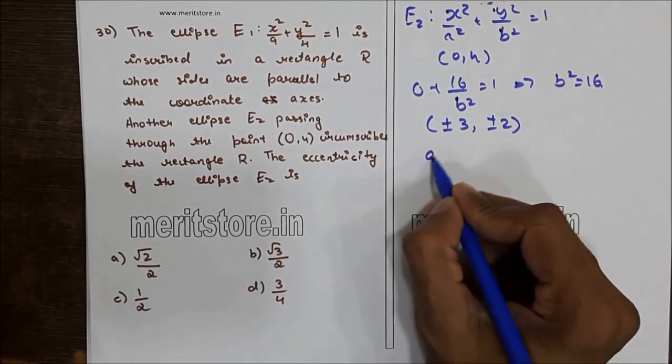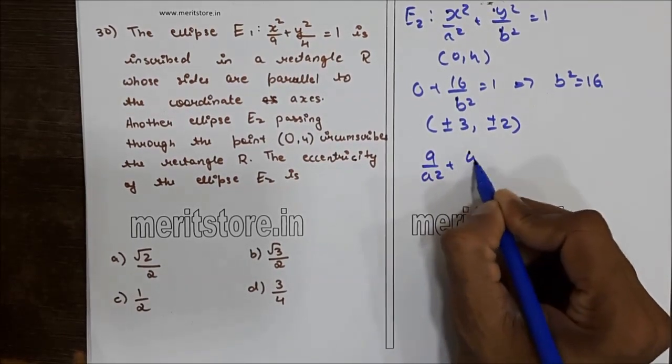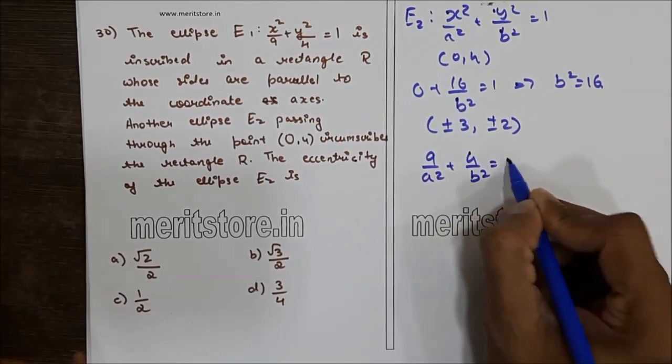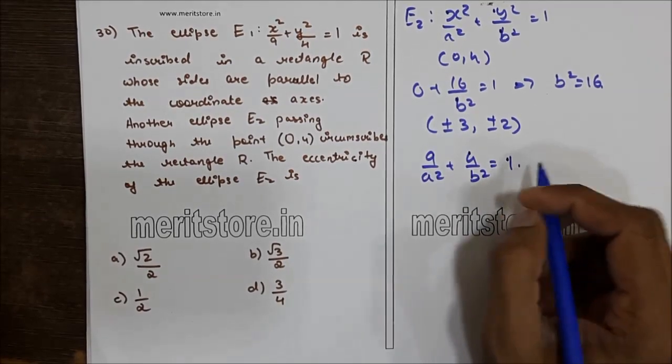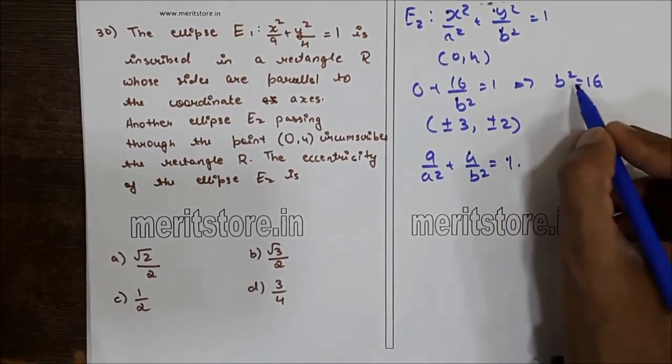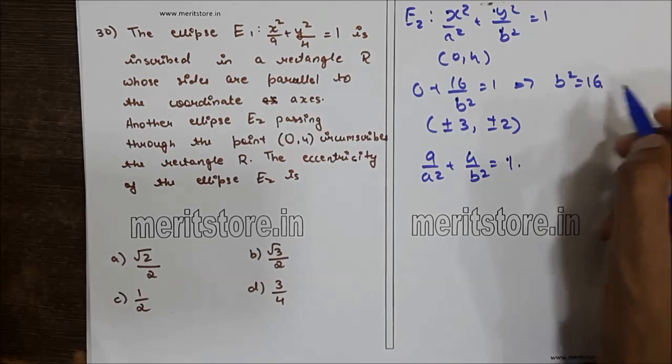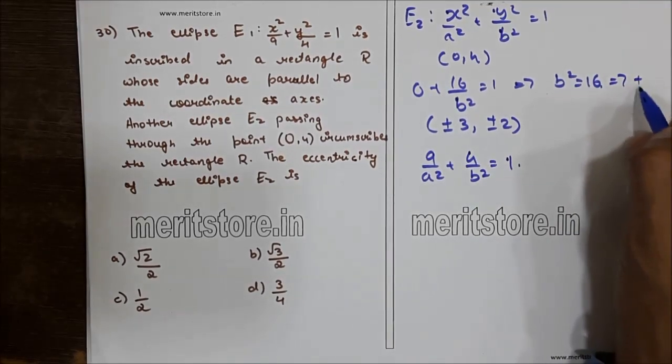Substituting this, we get 9 by a square plus 4 by b square equal to 1, which is, when we substitute the value of b, that is b equal to plus or minus 4.